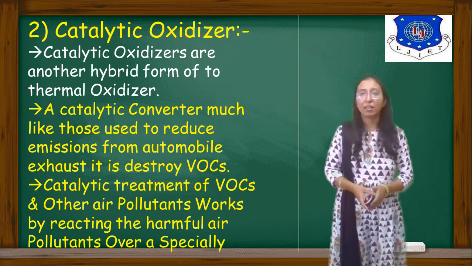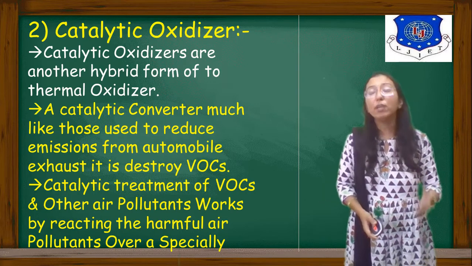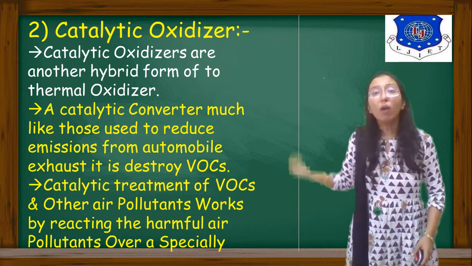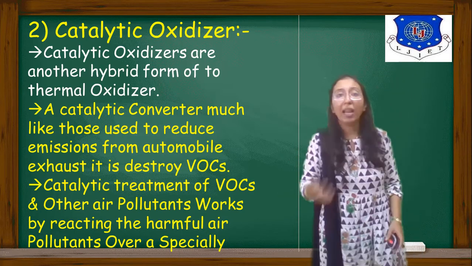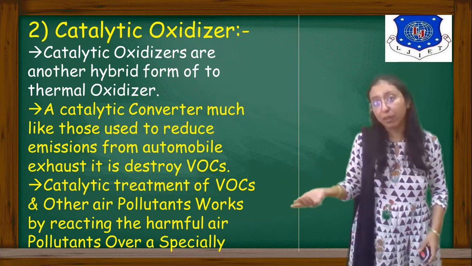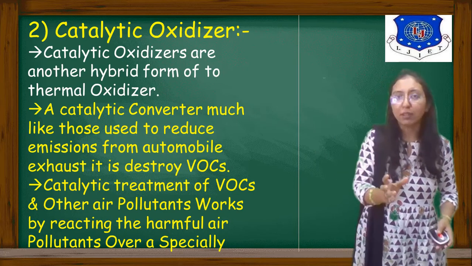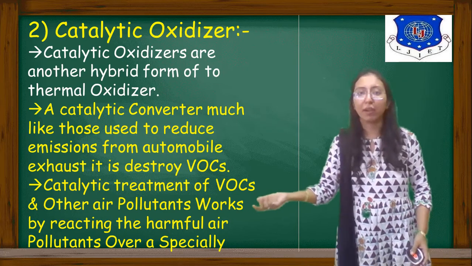So here we can see catalytic oxidizers are one type of hybrid form of thermal oxidizer, and we are using a catalytic converter for converting pollutant to carbon dioxide.